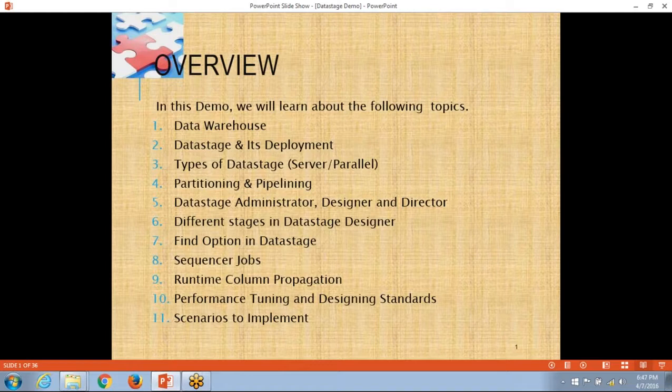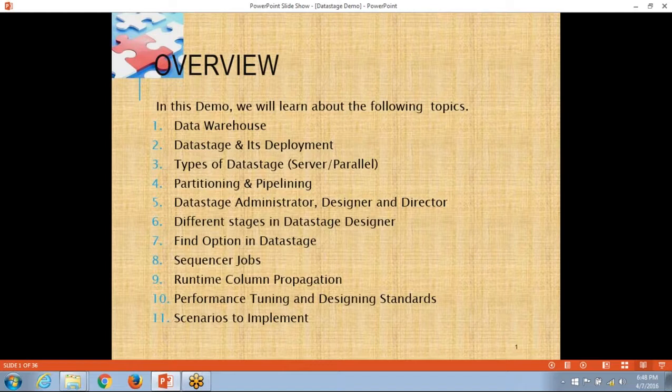In a hurry you saved the job with some name, but you forgot it completely, and you're working in a project with 30-40 members on the same project, or a project that has been going on for a couple of years, so it will have close to 100 jobs or more. Now finding the job that you worked on yesterday is a complex task, right?